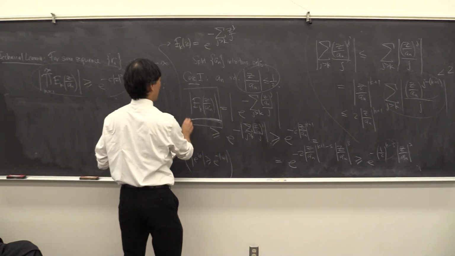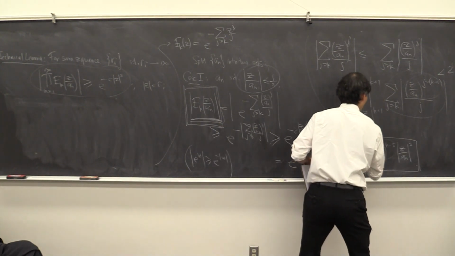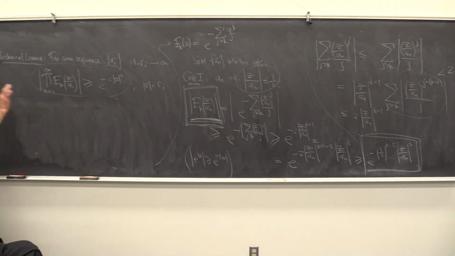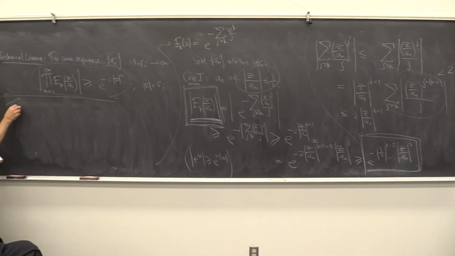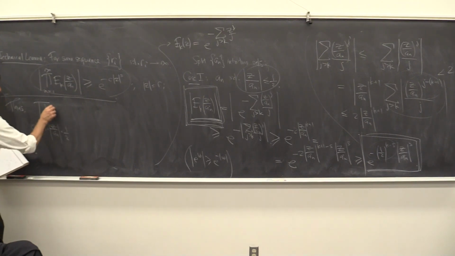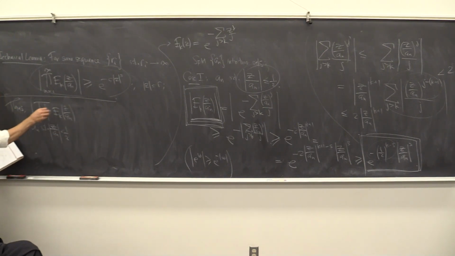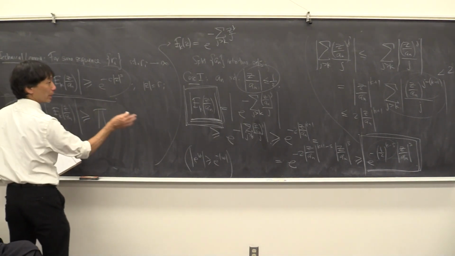We get that this guy is controlled by this thing here, bounded below by that. So now we multiply all those guys together. So thus, if we take the product over all roots such that z over a sub n is smaller than a half, and look at the size of that, well, that's going to be bounded below by the product of all these guys, right?